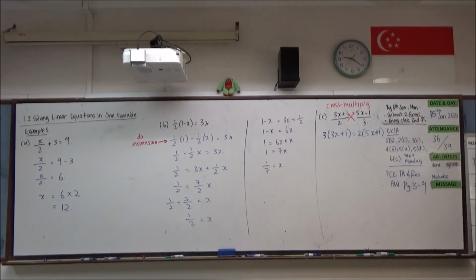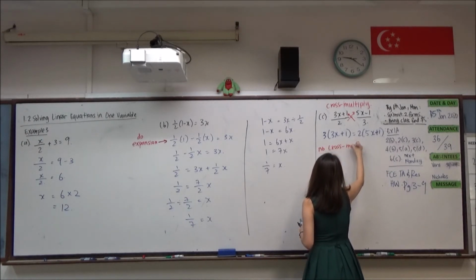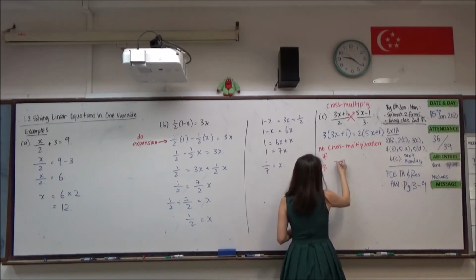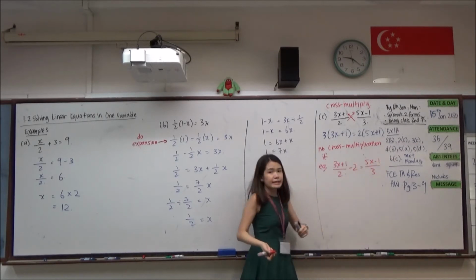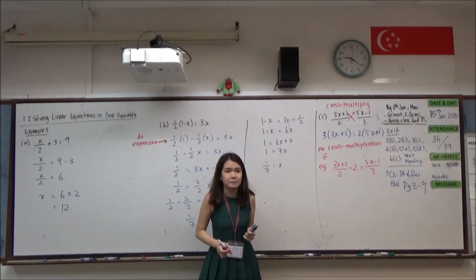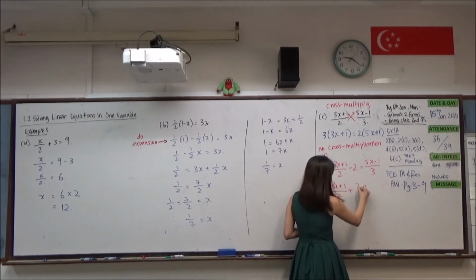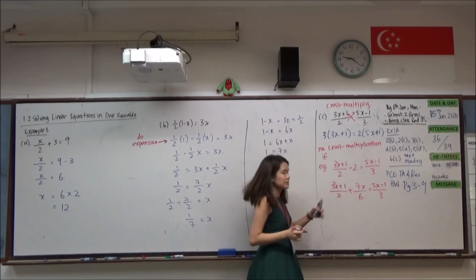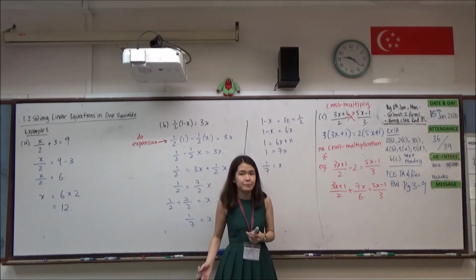I cannot do cross multiplication if there is more than one fraction on either one of the sides.